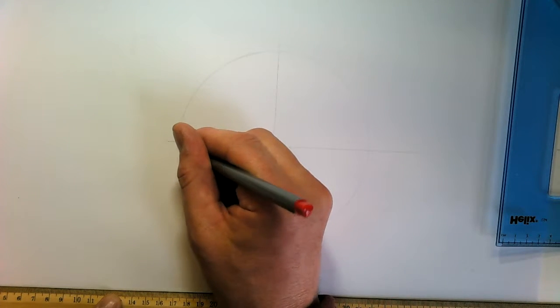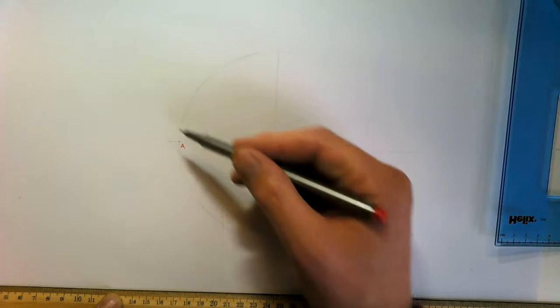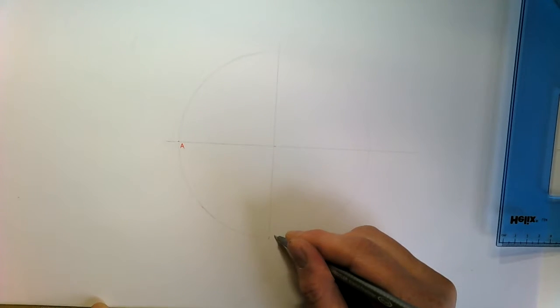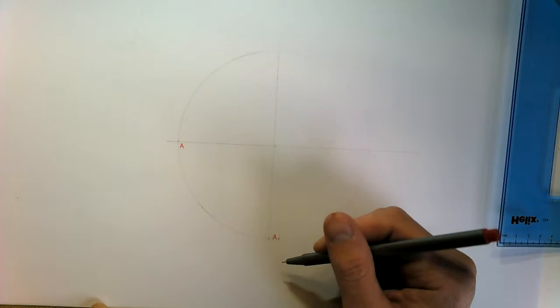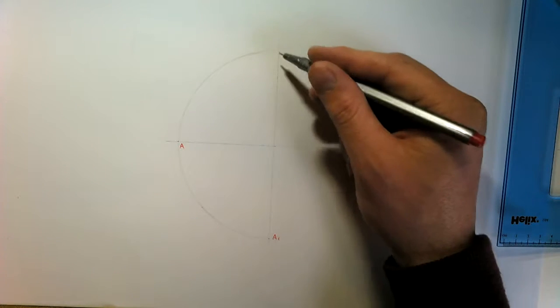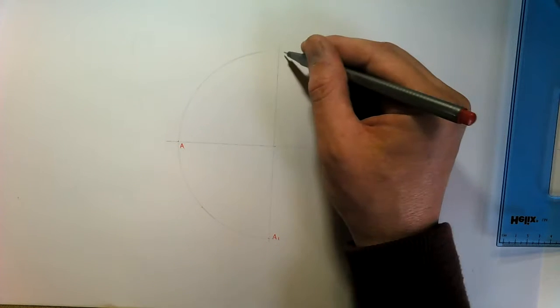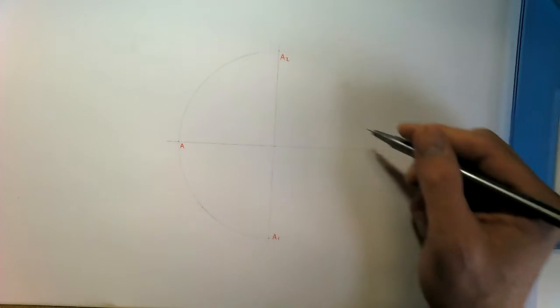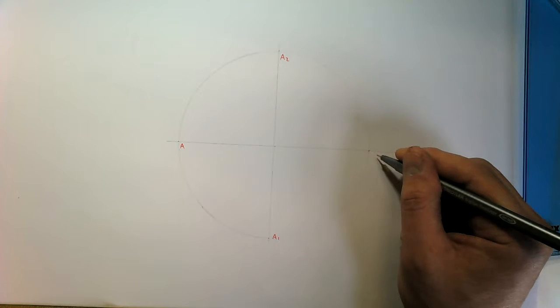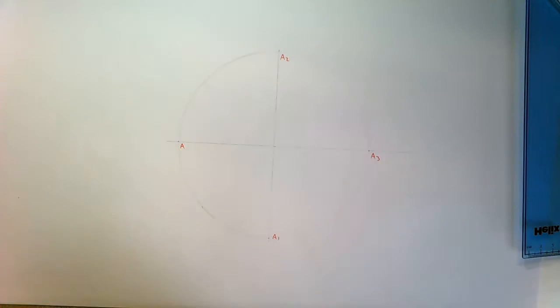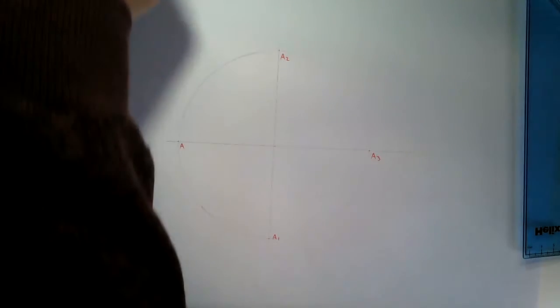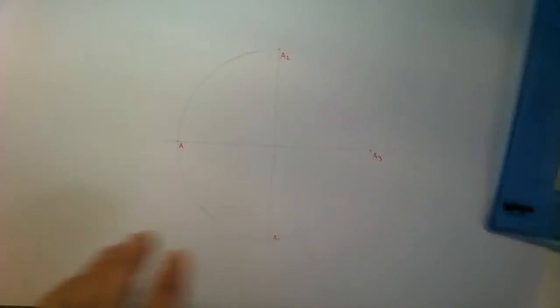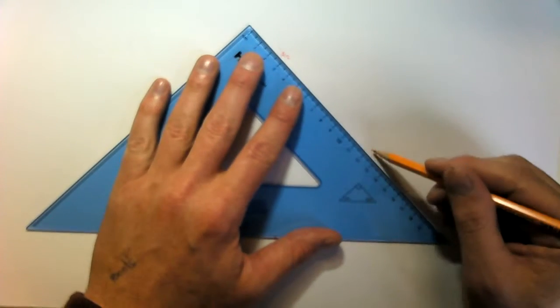So A, and it's via translation to A1. And then it's axial symmetry to A2. And then central symmetry to A3. Okay, you get to your point P, so you join A2 to A3.